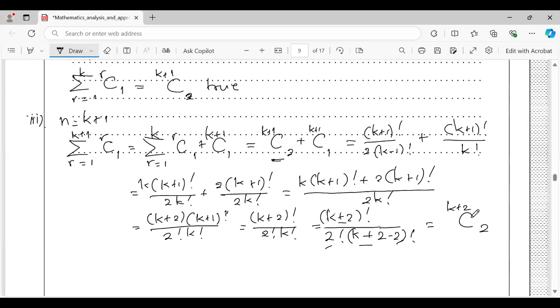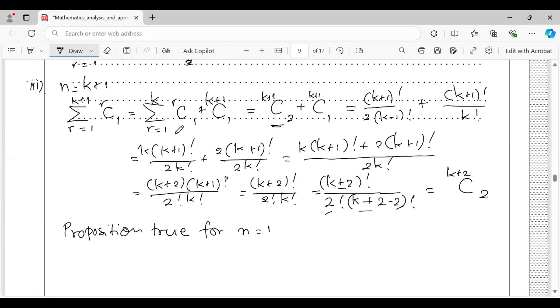So we proved that the proposition is true for n equals 1, as well as n equals k and then n equals k plus 1.